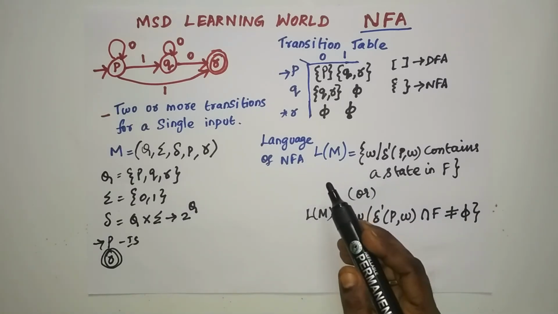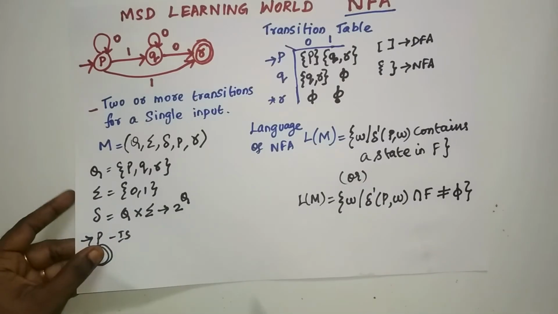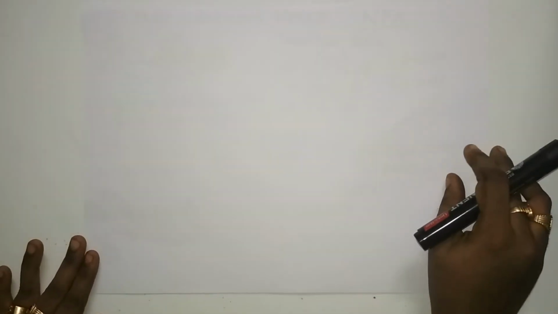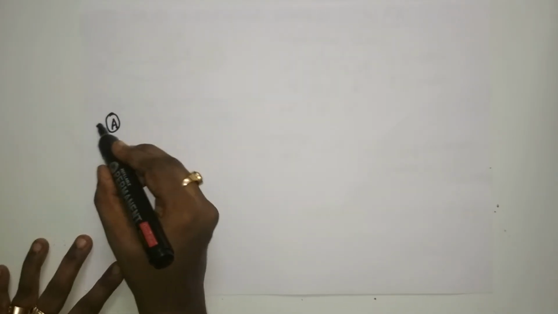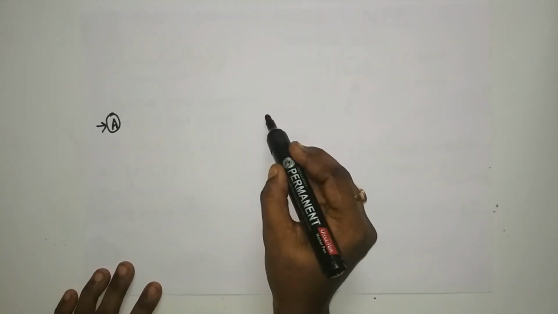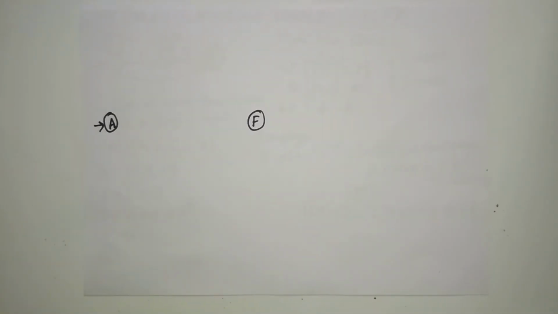Now let us see a real-time example where an NFA can be utilized, or where the NFA machine is used to solve applications. For example, assume you are at a source place A, and from this source A you must reach the destination F. To reach F you have multiple choices.